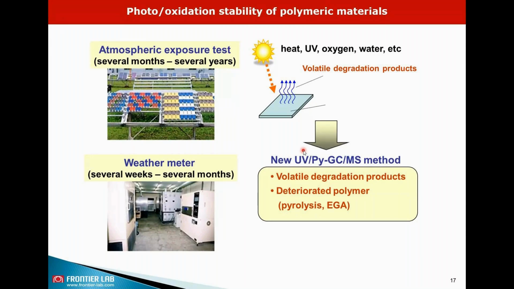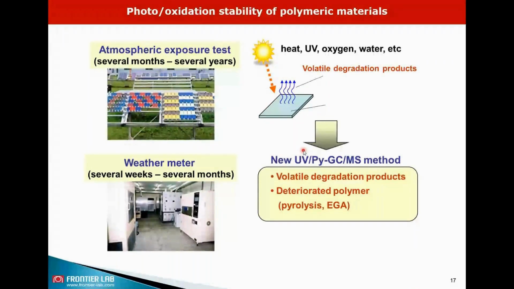Now later on, people have started using this weather meter, which is actually much shorter than the traditional approach, but still it needs several weeks to several months. So when we do the weather meter, they try to look at two things.